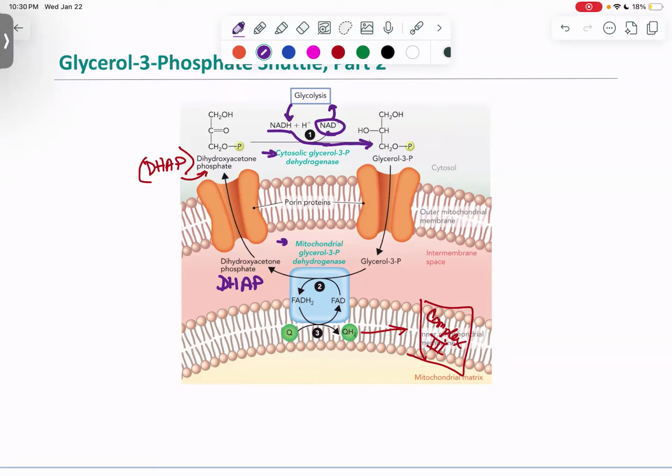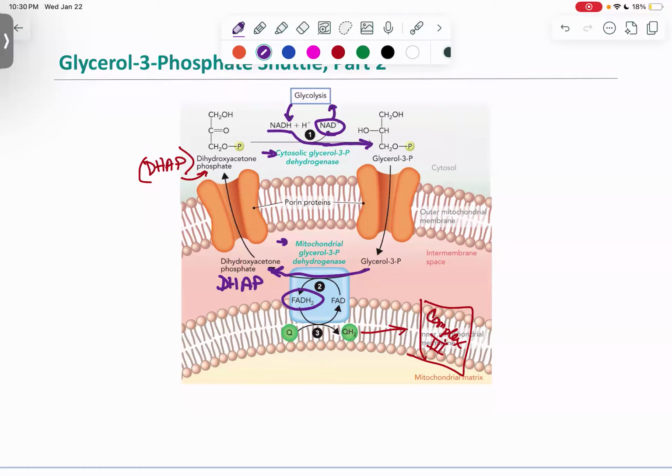Okay, so now we have our dihydroxyacetone phosphate, but in the process of that conversion from glycerol 3-phosphate to dihydroxyacetone phosphate, what's happening is that it's being oxidized, right? So those 2 electrons are transferred to FAD, turning FAD into FADH2.